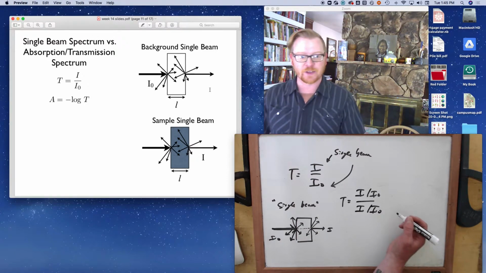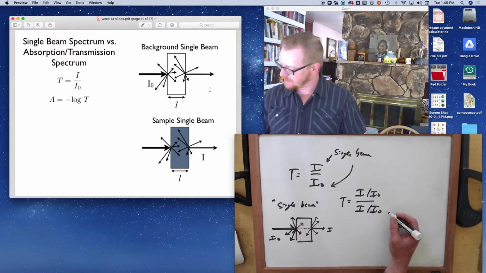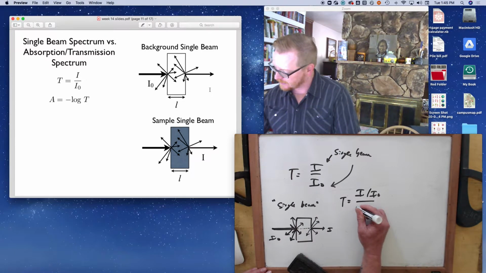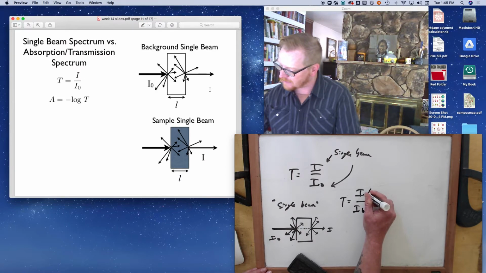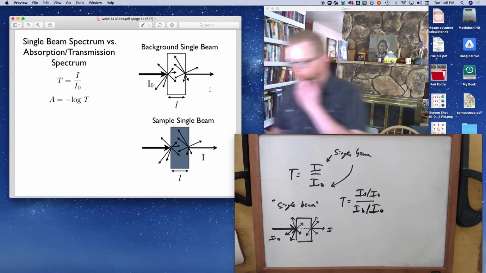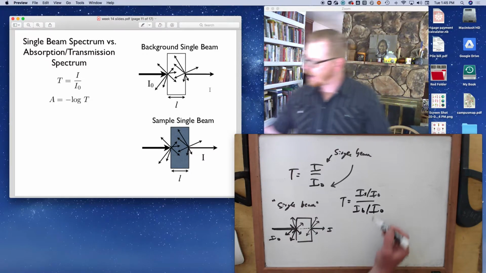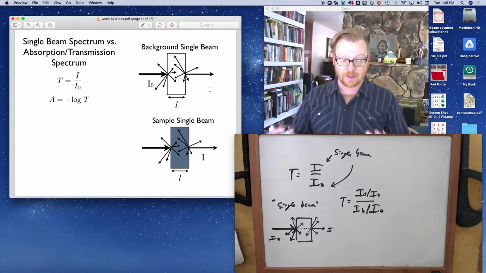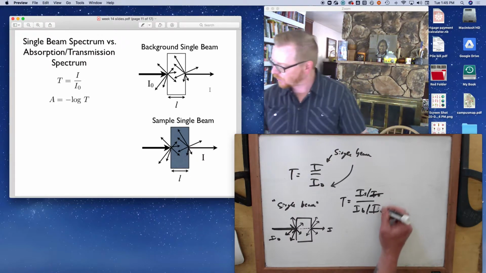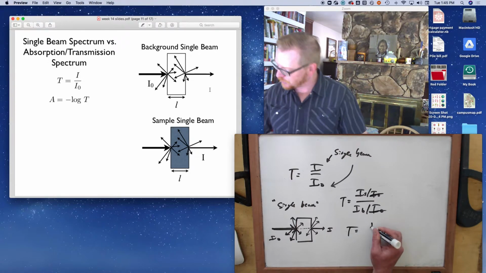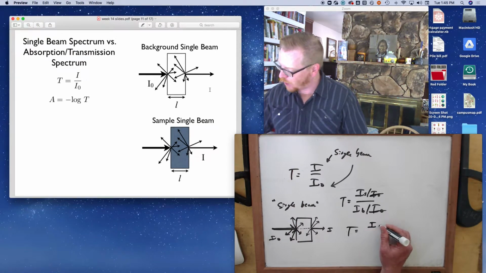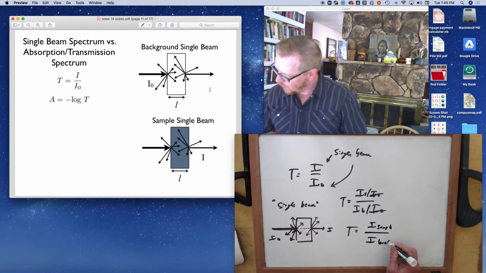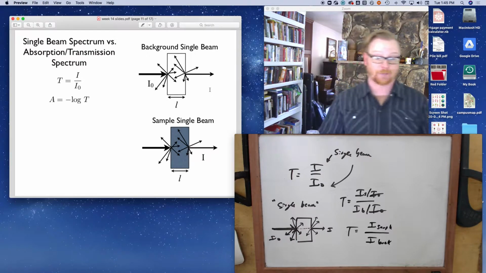If I call this I background and that I sample, well, because the intensity of light coming in is identical, those cancel, and so your transmittance is the ratio of the intensity of the sample single beam spectrum over the background single beam spectrum, okay?